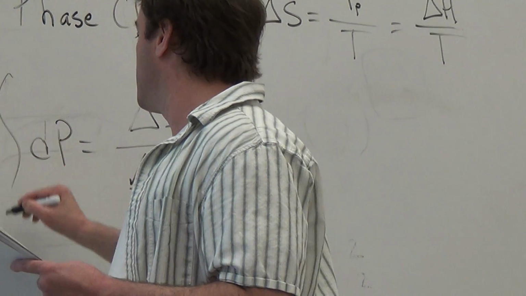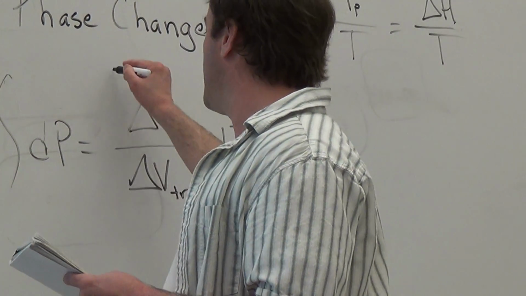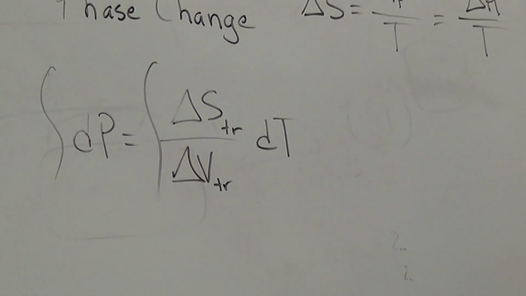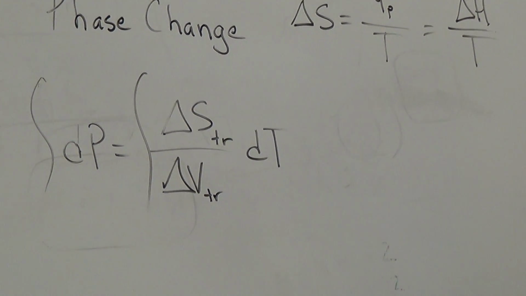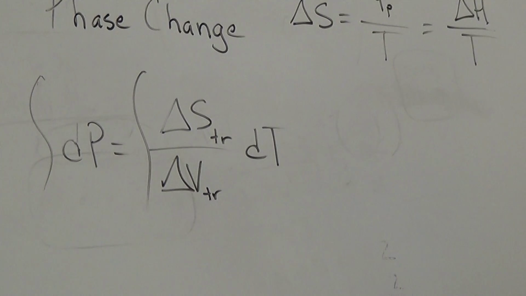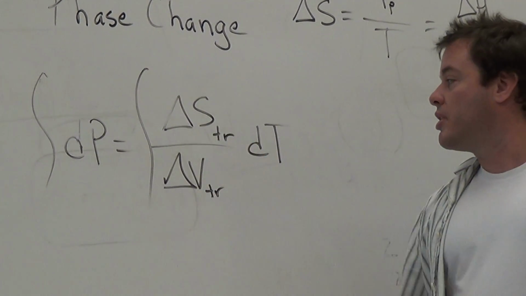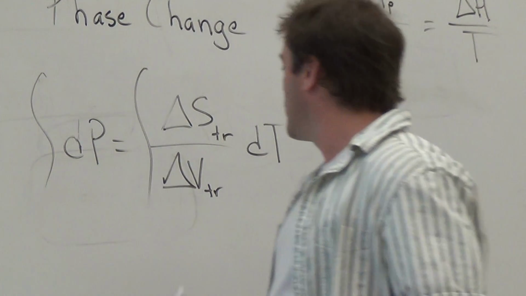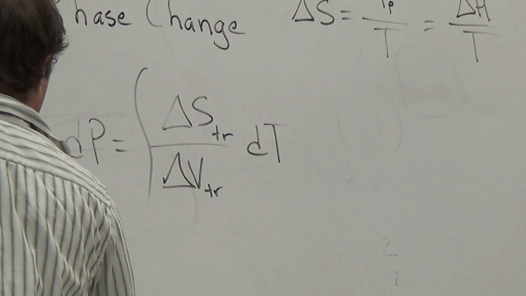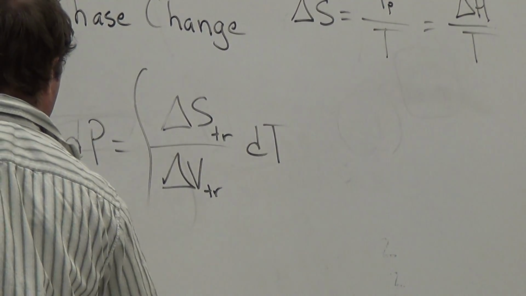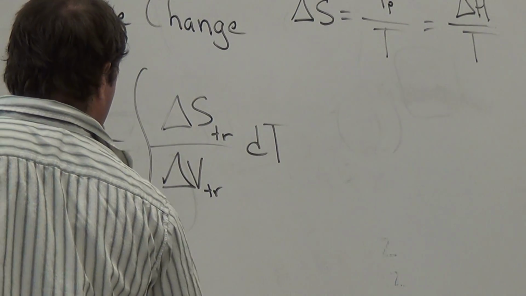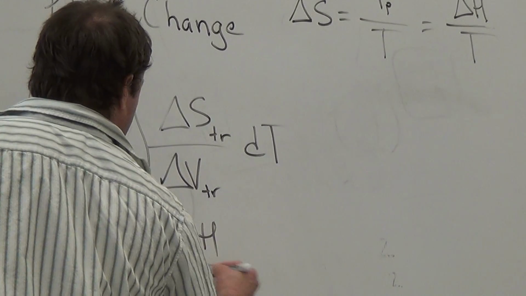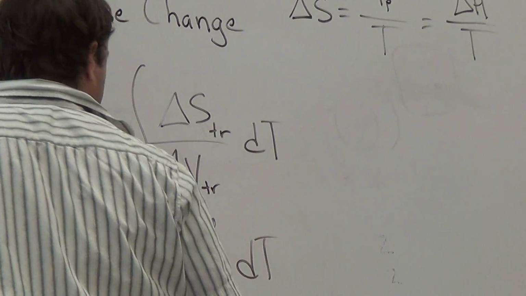And so the integral of dP is equal to the integral of that, delta S over delta V dT. And we can replace delta S with delta H over T. Say that the integral of dP is equal to the integral of delta H over T delta V dT.